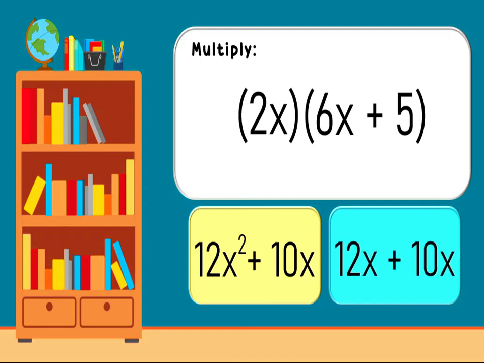While for cyan, it's 12x plus 10x. Is it daffodil or cyan? Correct. The answer is daffodil. 12x raised to the second power plus 10x.